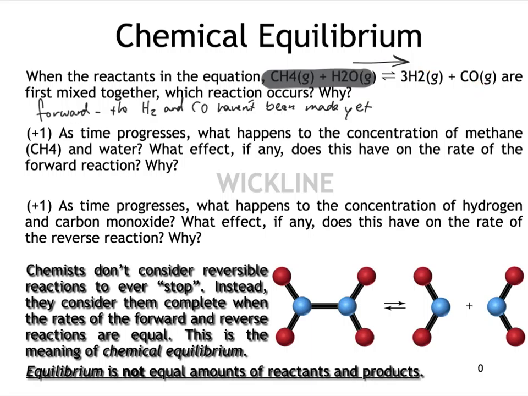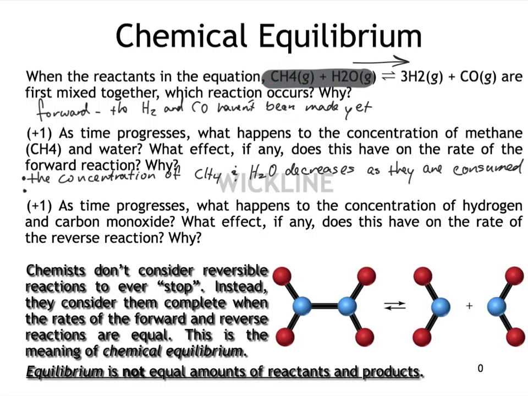So this is a dynamic process because as this continues to occur, you're going to notice that the methane and the water are both going to lower their concentration because they are reacting together to form these new compounds. So in this form, they're going to exist less and less often.